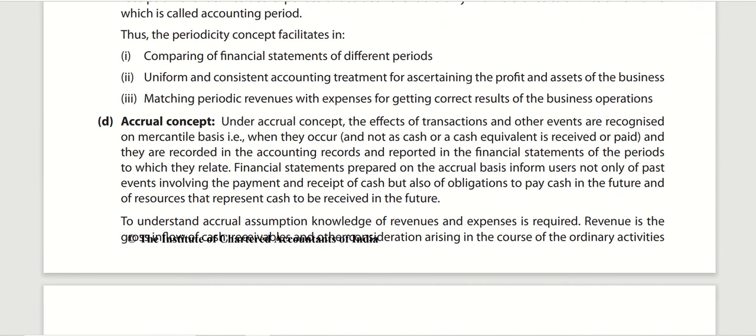Similarly, any income which is due to the business, meaning you have a right to receive the money, you accrue for it in your books. Now, let us take an expenditure as an example. Suppose your business has entered into a contract with a particular counterparty. Suppose the contract amount was 1 lakh and the contract stipulated that you are supposed to deliver the product in 1 week's time.